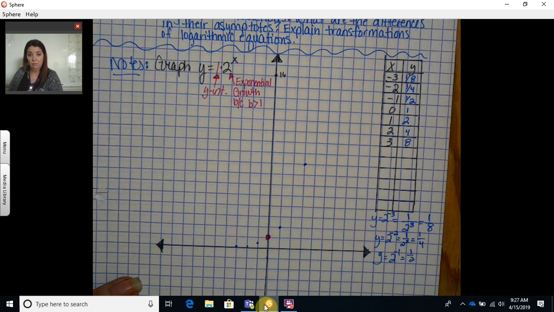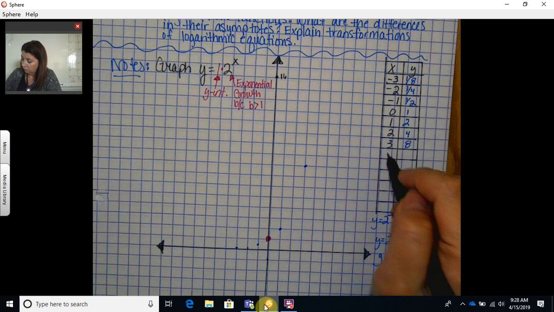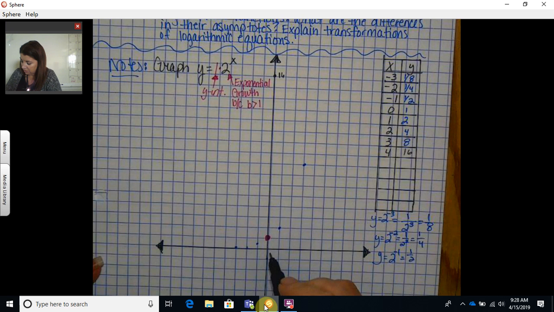So since I have the room, I'll just go ahead and find some more points. When x is 4, 2 to the 4th: 2 times 2 is 4, 4 times 2 is 8, 8 times 2 is 16. So when x is 4, y is 16.